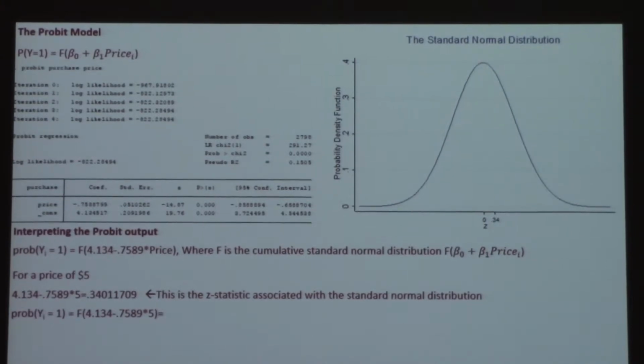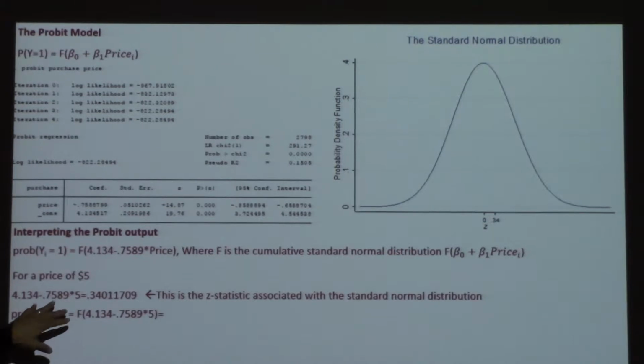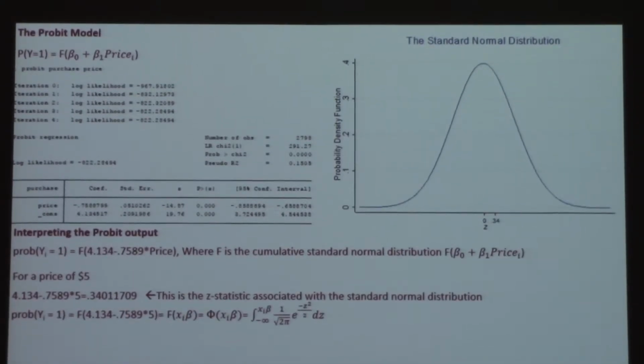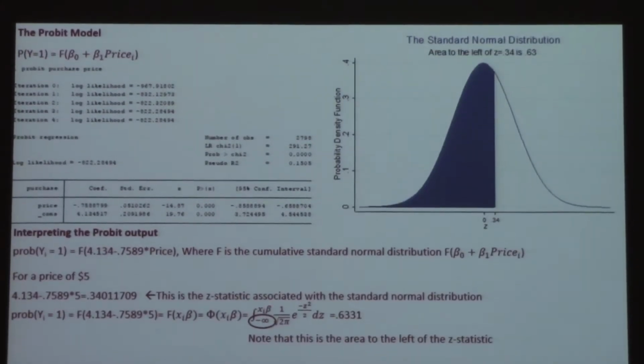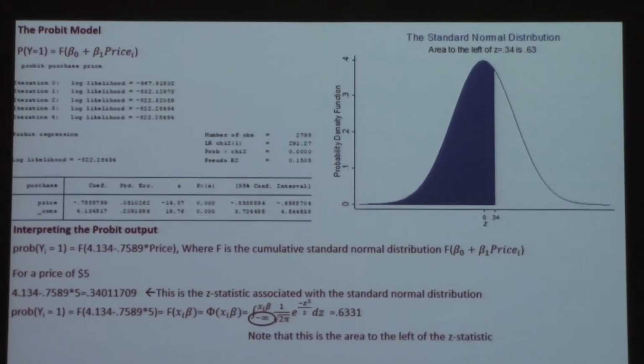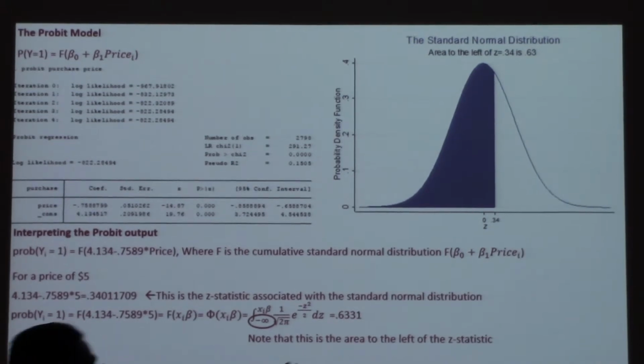So if we take that 0.34, put it into our formula, take the integral, we would find the area to the left of 0.34, and that would be the probability of purchase. So the probability of purchase would be 0.63.